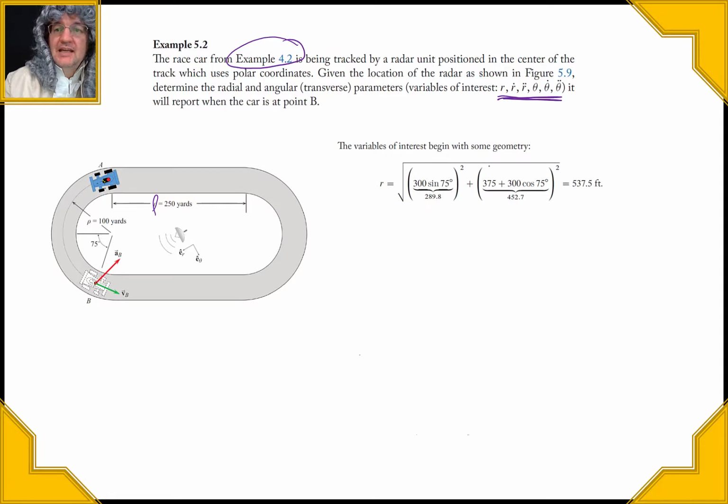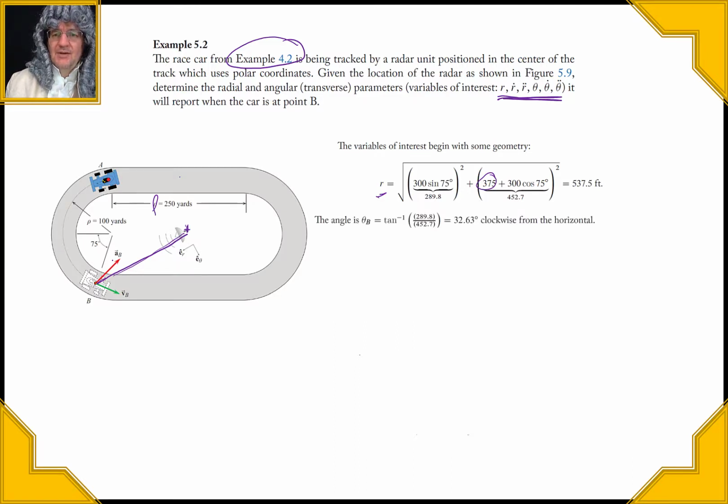So what we did here is 375, by the way. That's 250 yards divided by 2 and multiplied by 3, because they're yards and we want to turn them into feet, and then we have the distance. So what we found in this first part is the distance R from the radar to the car when it's at point B. And we can also find the angle from horizontal right here.